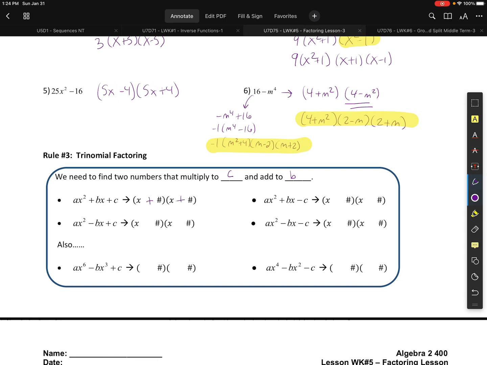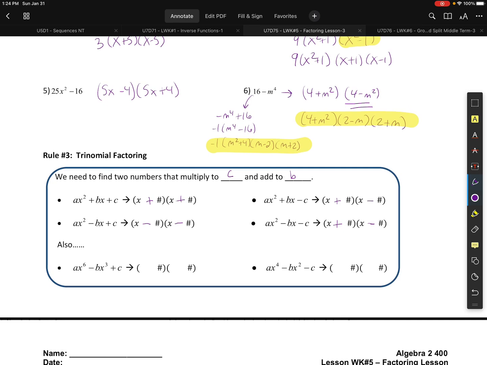Multiplies to a negative and adds to a positive, is a positive negative. Now, the key thing with that is that the number with the plus is actually larger than the number with the minus. Down here, minus minus, because it multiplies to a positive and adds to a negative. And here it's again positive negative, but the negative part of this number is larger than the positive.